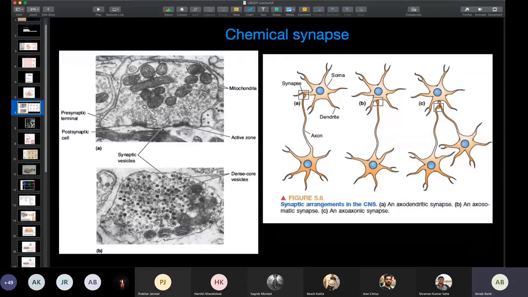This gap is filled with something called extracellular matrix, which is basically proteins that provide support and also provide the necessary conditions for neurotransmission to happen. We will come to the neurotransmitter later. Say, for example, there is something called acetylcholinesterase. When synaptic vesicles fuse at the active zones, they release the neurotransmitter.